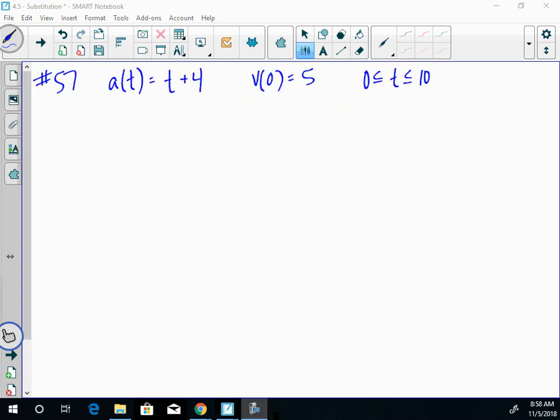Okay, and then 57, the acceleration function and the initial velocity are given. Find the velocity at time t. So first we're just trying to do the antiderivative here, velocity at t. So that antiderivative would be t squared over 2, so half t squared plus 4t and then plus c, right? And then how do I solve for my c?